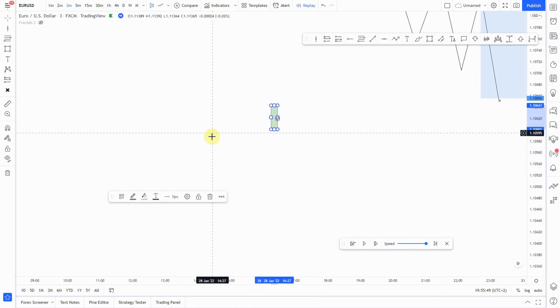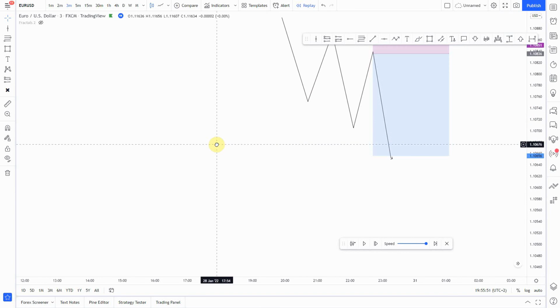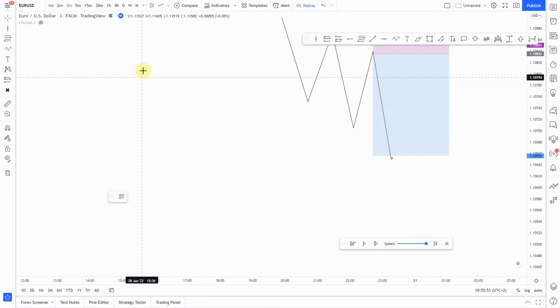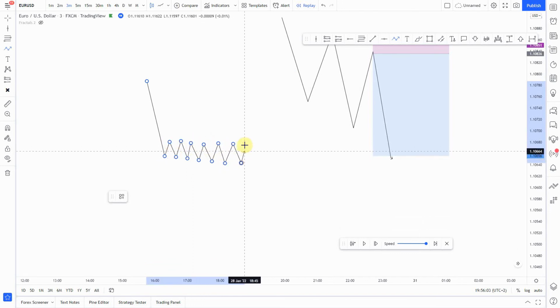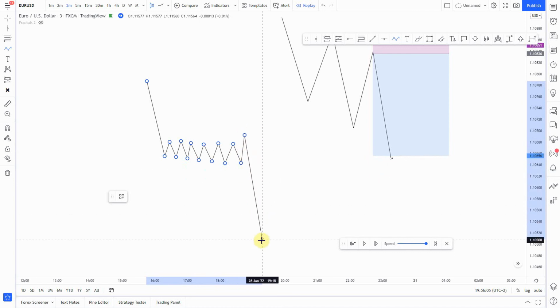Point of interest could also be a drop base drop, right? In this case, because we're looking for a sell, we're having a drop, price consolidating, generating liquidity, and probably stop hunts above, and then it drops.